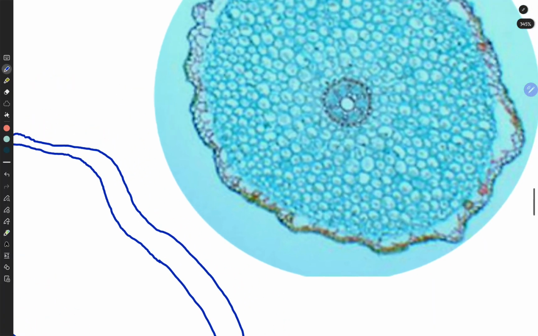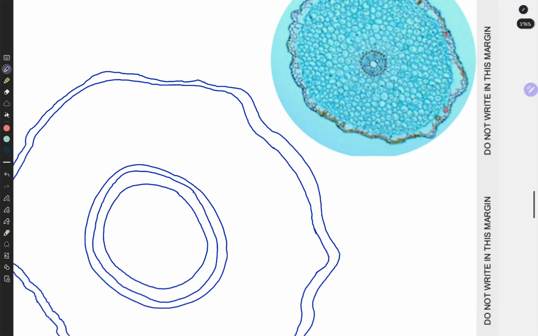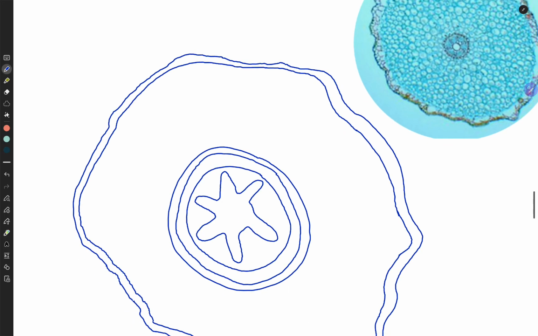Then it's like a six-sided star shape in the middle. Something like that.